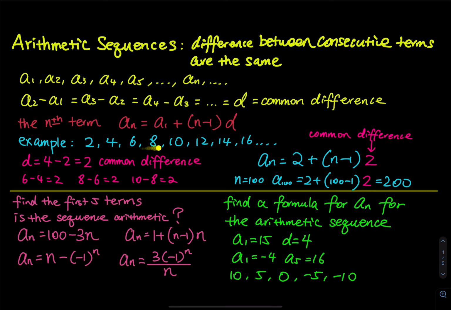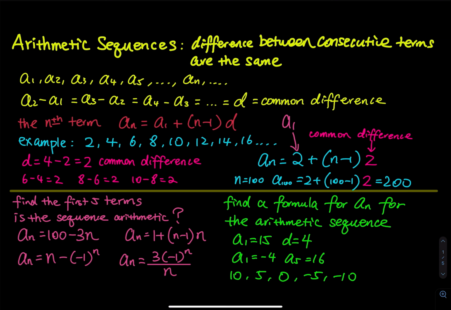Now, as we keep on going, can you use one formula to represent the nth term, which is a of n equals a1? This is the first term, so this is a1, plus the number of terms minus 1, and then multiply by the common difference. So let's say you want to find the 100th term.